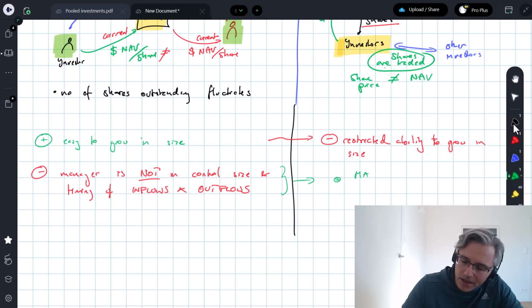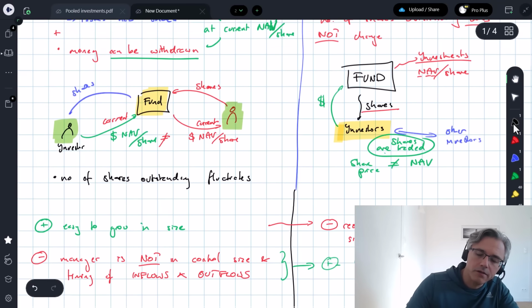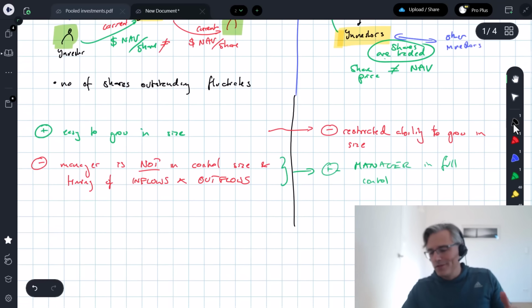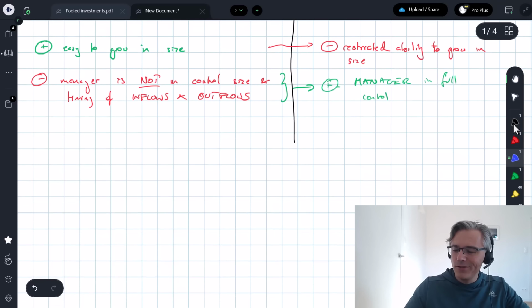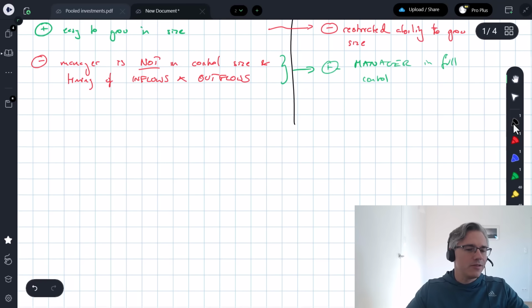The manager, sorry, that was supposed to be not a small plus, it's a big plus. The manager has full discretion. The manager is in full control of everything, and they can just get on with the business of implementing their investment strategy. Obviously, whether that strategy is successful or not is another story.